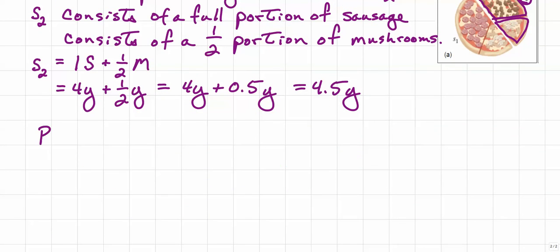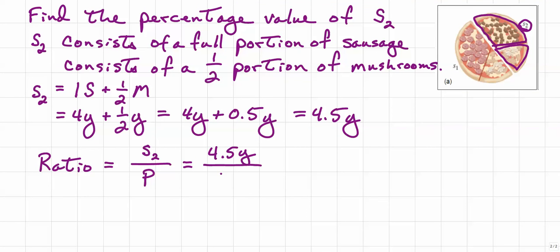So our ratio will be the value of side 2 divided by the value of the pizza, which is 4.5y, divided by the value of the pizza, which according to Paula is 5y.